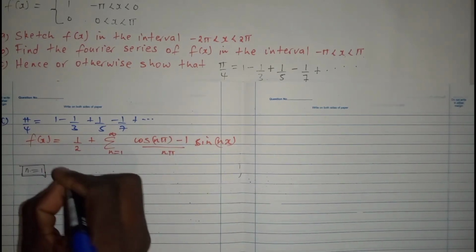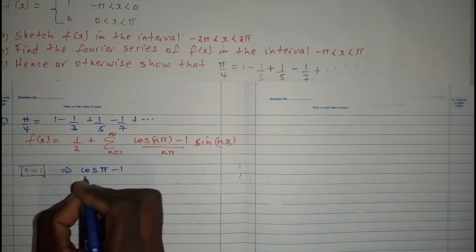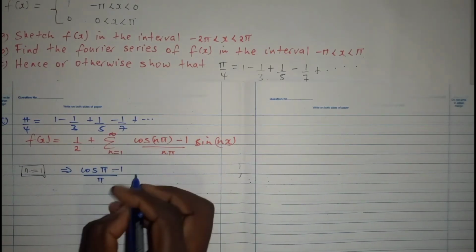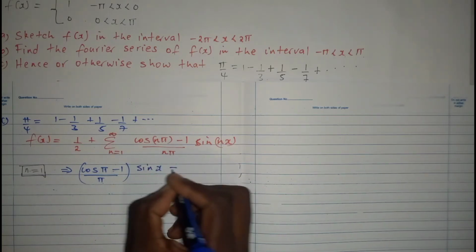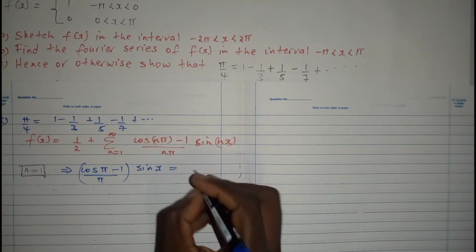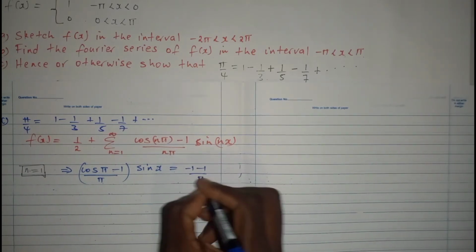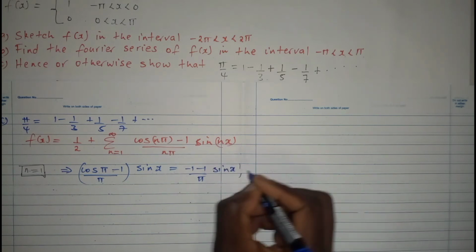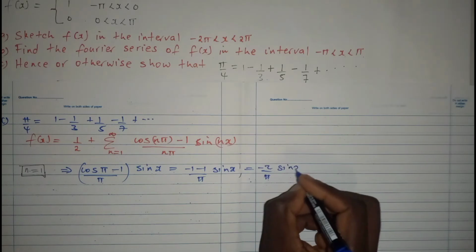We're going to have cos pi minus 1 over pi times sine x. Cos pi, we know, is negative 1, right? So I'm going to have negative 1 minus 1 divided by pi sine x. That's going to give us negative 2 over pi sine x.